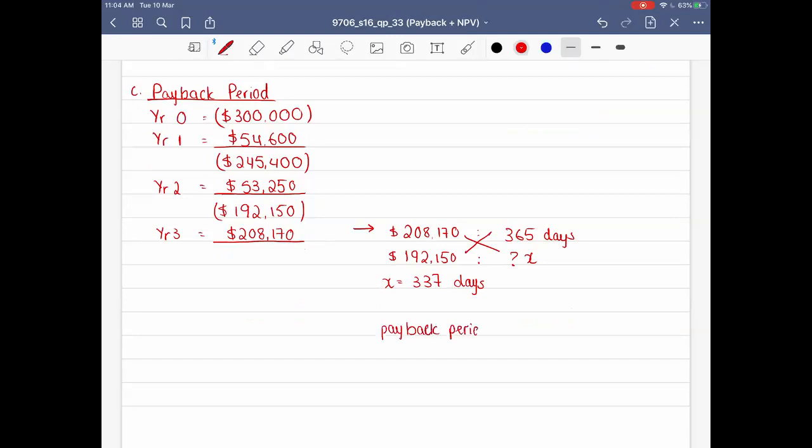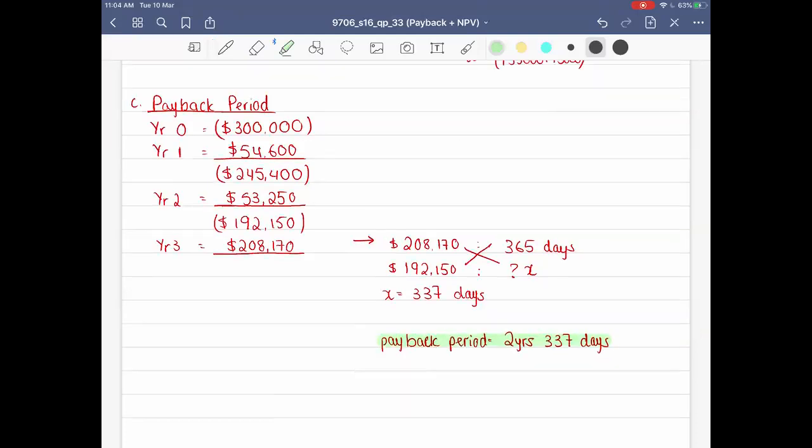The payback period is 2 years and 337 days. तो पहले साल के अंदर हमने पार्शियल कॉस्ट कवर अप की, सेकेंड ईयर में हमने रिमेनिंग कॉस्ट कवर अप की, और थर्ड ईयर में वी रिसीव्ड मोर. हमें रिसीव ज्यादा हुआ बट हमें पे बैक के लिए कम अमाउंट रिक्वायर्ड था. इसका मतलब यूज अ फ्रैक्शन ऑफ द मंथ्स. तो हमने कितने मंथ्स या कितने डेज यूज किए? Instead of 365 days, in the third year we have used 337 days.